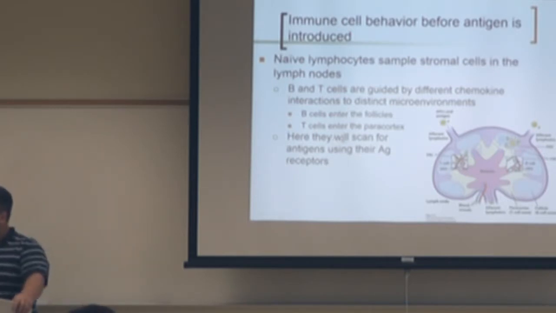So what's the function of HEV? HEVs are an entry point for lymphocytes, T cells and B cells, and they also express the ligand for L-selectin that slows them down and allows them to enter. So it's entry and then slowing down, like coming on to search for something you want.